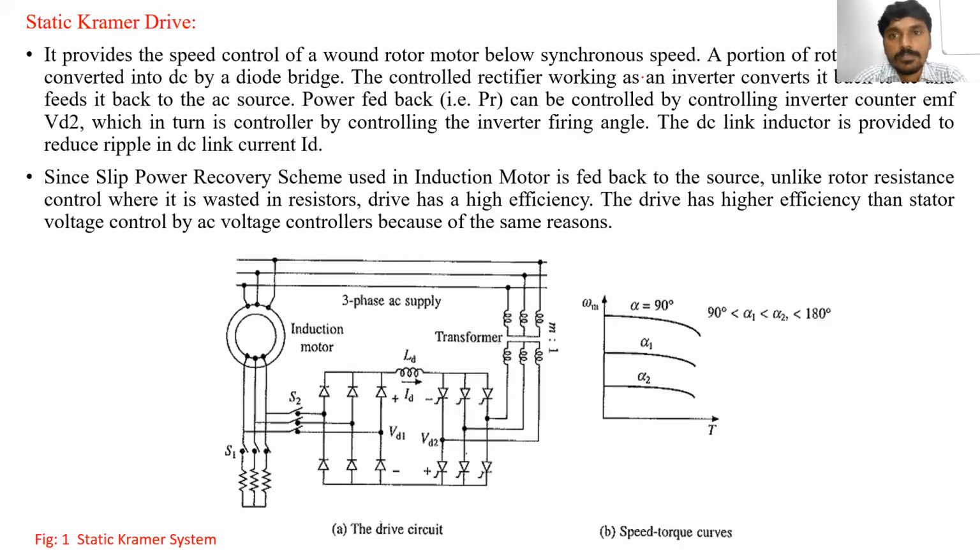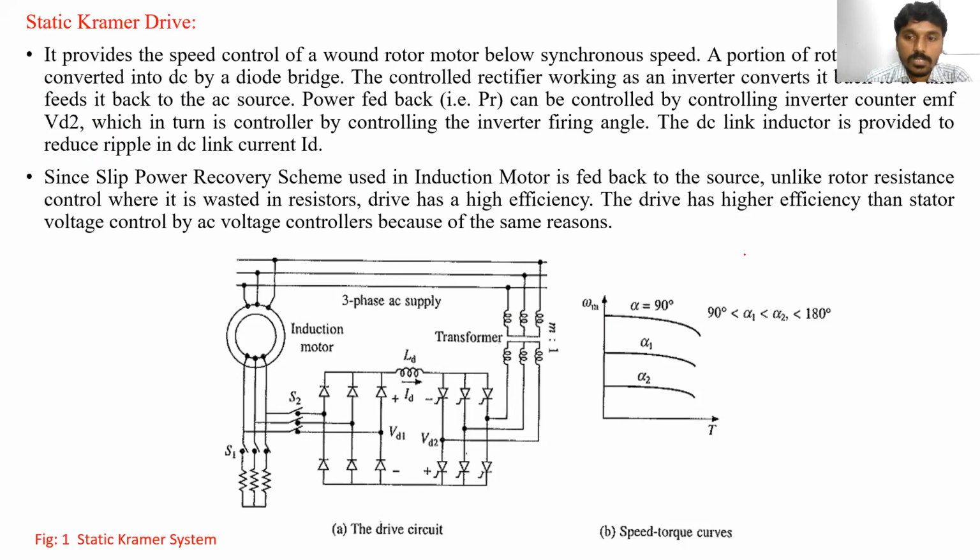The controlled rectifier works as an inverter, converts it back to AC, and feeds it back to the AC source. The power feedback, PR, can be controlled by controlling the inverter counter EMF VD2, which in turn is controlled by the inverter firing angle.